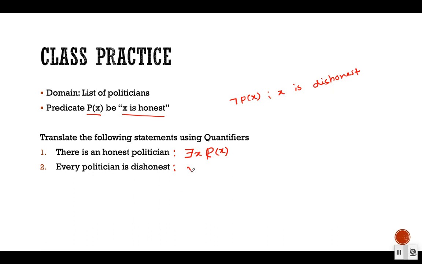So one way is to use the universal quantifier and say for all x, p(x) is false, meaning for all x, not p(x). This represents x is dishonest, and saying it for all x means every politician is dishonest.